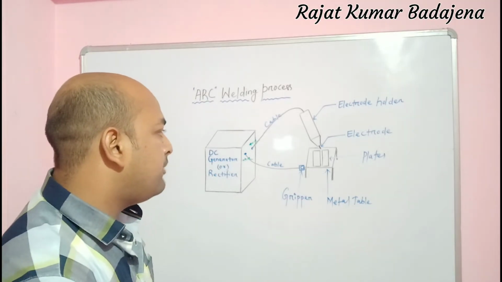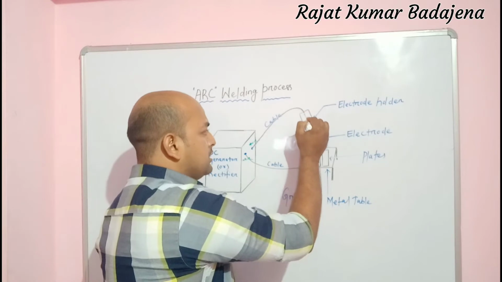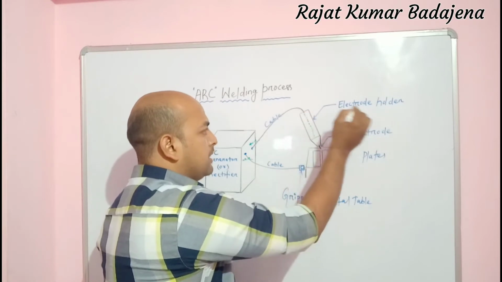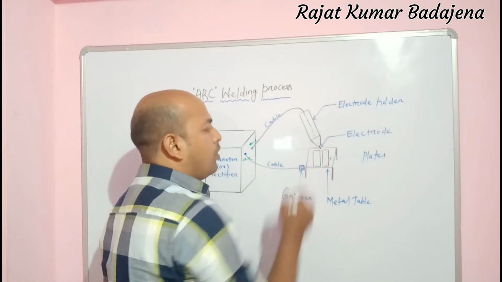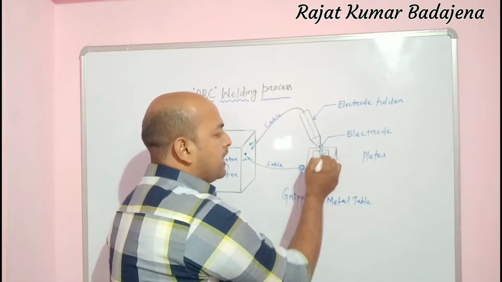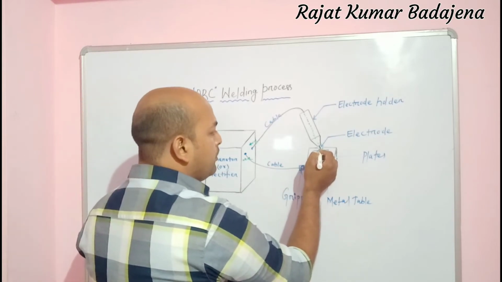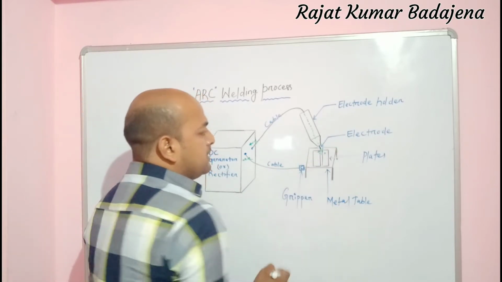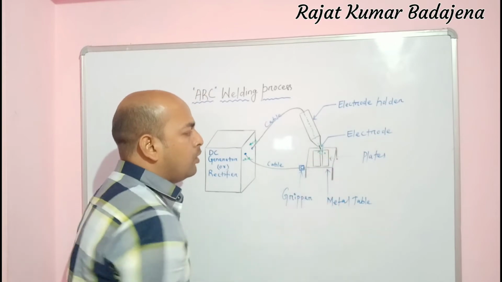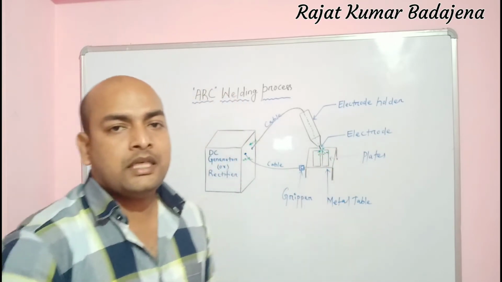Okay, so what happens next? While the current flows in this line from the electrode holder to the electrode, a spark will be generated. Here you can see when you touch the workpiece with the electrode, the spark or arc will be generated.